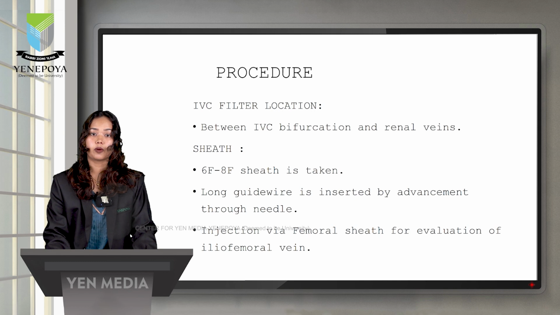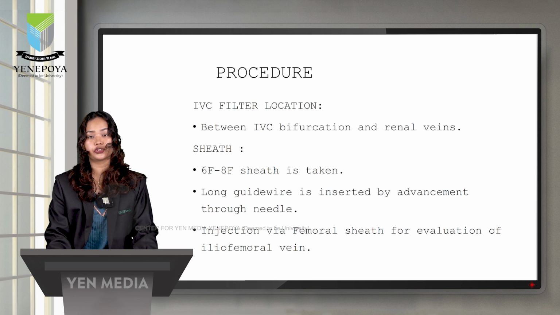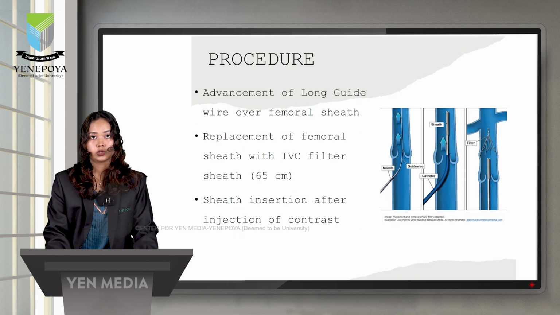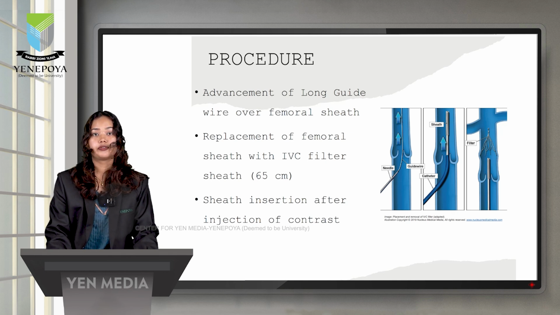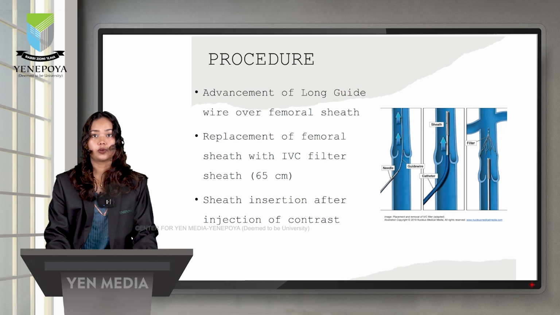The access is obtained by the Seldinger technique and the femoral sheath is placed. Once the sheath is placed, the long guide wire is introduced through the sheath. Once the long guide wire is in place appropriately, the femoral sheath is removed and replaced with the IVC filter sheath. After the sheath insertion is done, a contrast injection is performed.